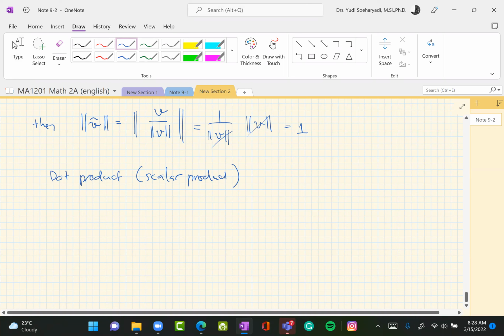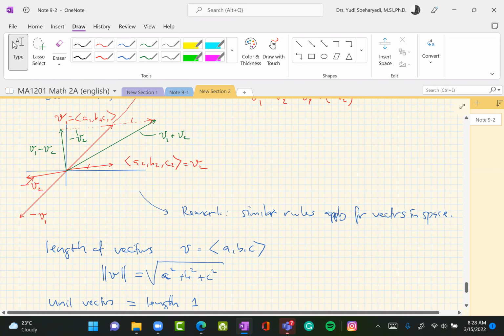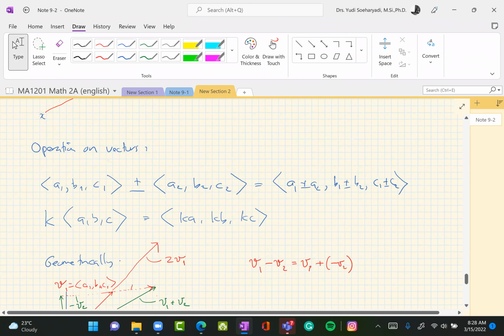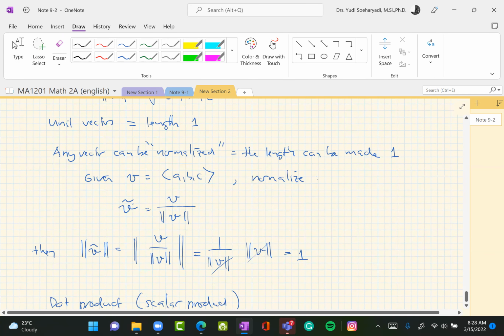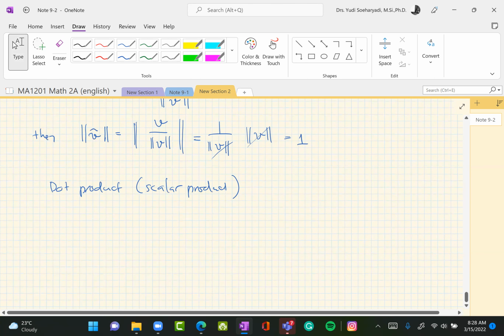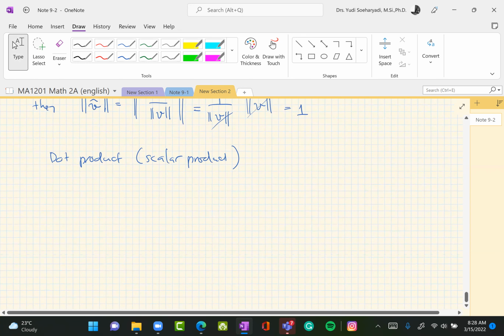Now the tricky part is that when I mentioned operations on vectors, this is just addition, subtraction, multiplying by a scalar, but no multiplication of vectors. Well, the dot product is multiplication, but not multiplication in the sense of numbers. If you multiply a vector by a vector, you expect the product to be a vector. But the dot product doesn't give you a vector.